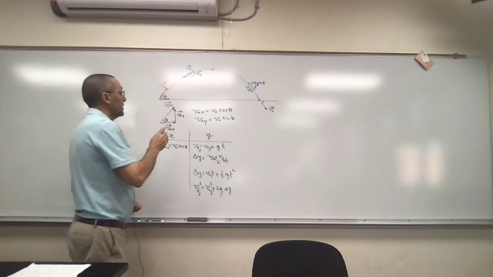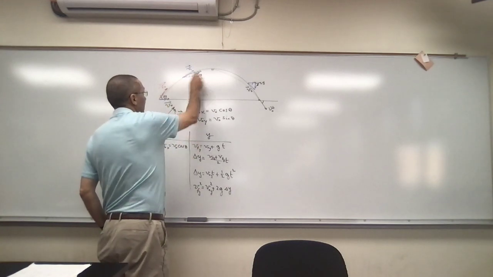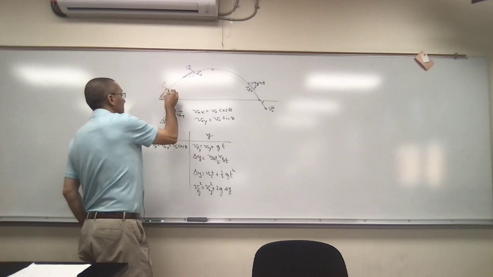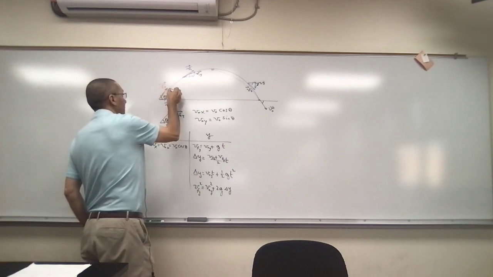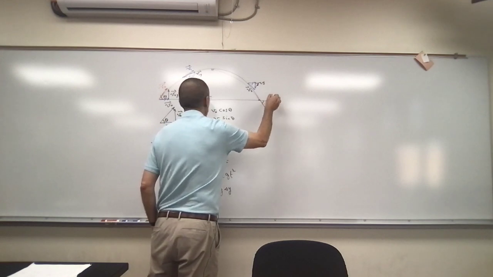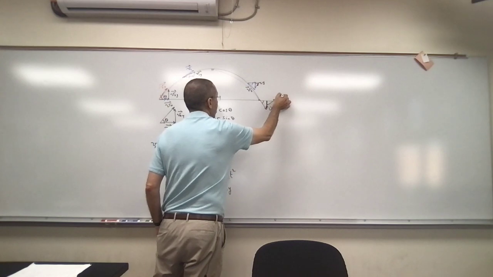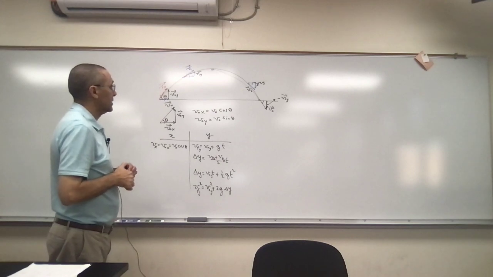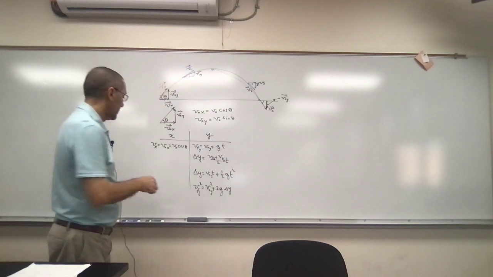So we say time up equals time down. This velocity here, this is V0y. Well, if you try to figure this velocity here, that's just going to be negative V0y. Okay, and those are pretty much some of the things we're going to need.